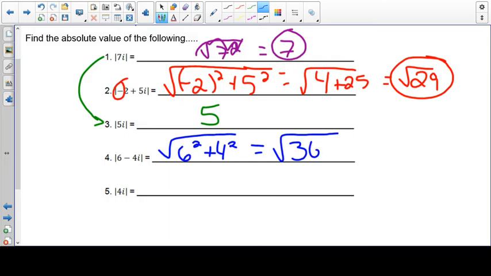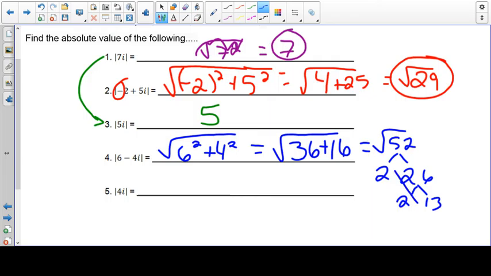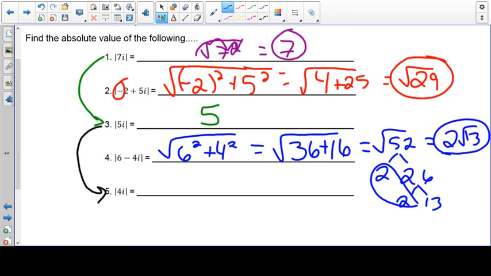So I get 36 plus 16, which gives me square root of 52, which we can do 2 and 26, which is 2 and 13, which is equal to 2 root 13. And then looky here, just like 1 and 3, this one's only a single number. So it's just going to be whatever that number is.